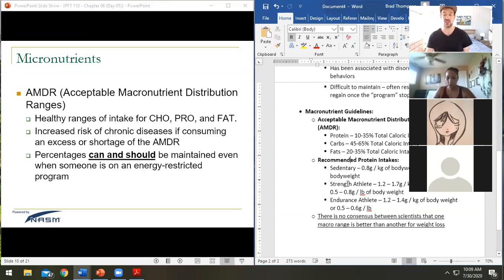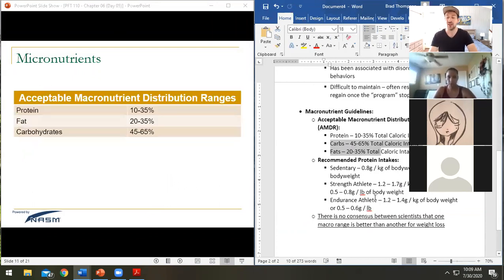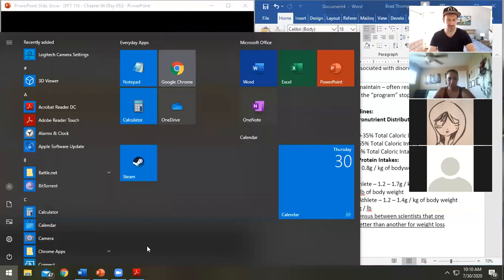But the one that I think should remain pretty constant is your protein intake, based on what type of athlete you are. And then you should focus on your AMDRs for these other nutrients for the remaining calories, okay? And you'll find that when you do this, you will fall where you should in the protein, even if you're super, super heavy. Let's take a look here at our differences.